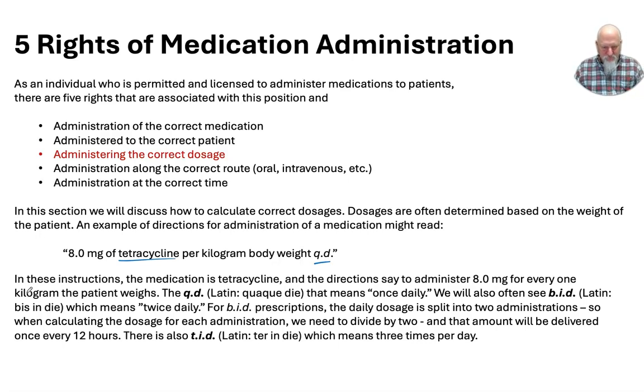Okay? QD, and they're all Latin. QD means quoque diem, which means once daily. BID means bis in die, which means 2 times a day, or bis in day. And then TID means ter in die, which is 3 times a day. 3 in a day.